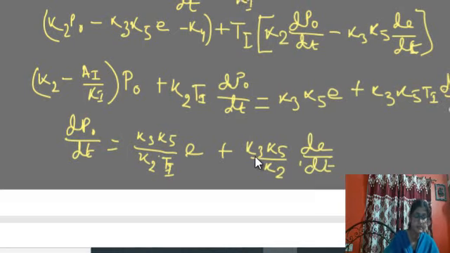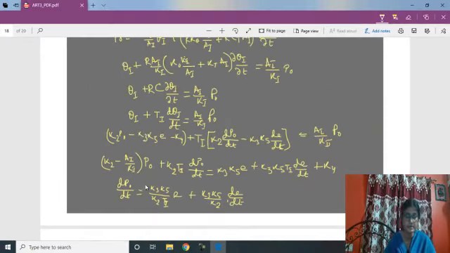So this P0 is equal to say another constant k6 integral e dt plus k7 e. So the final expression is one part for proportional and another part for integral.